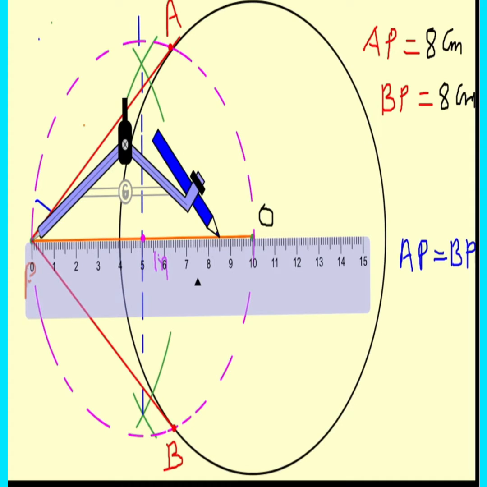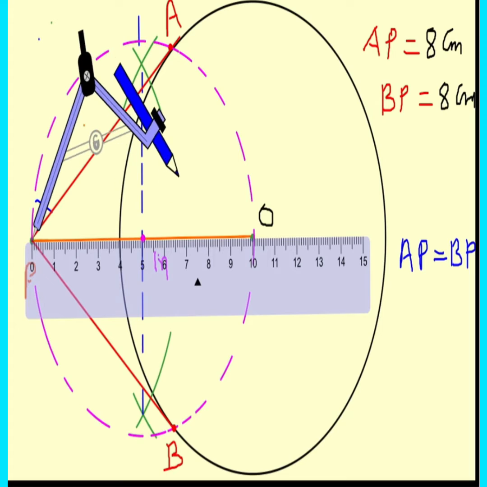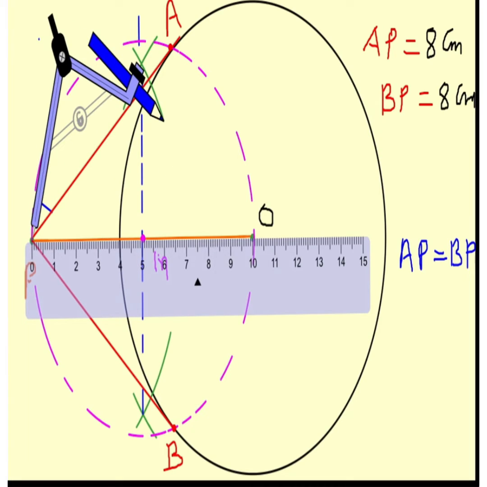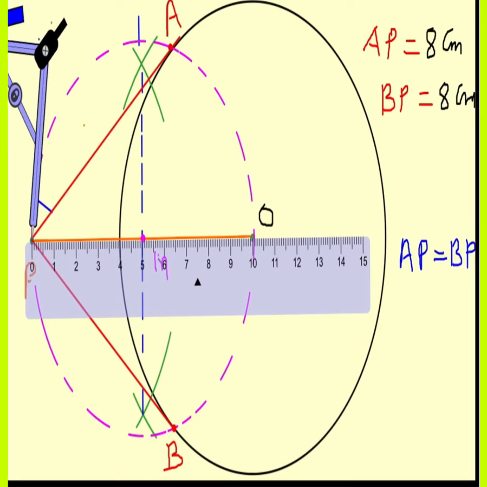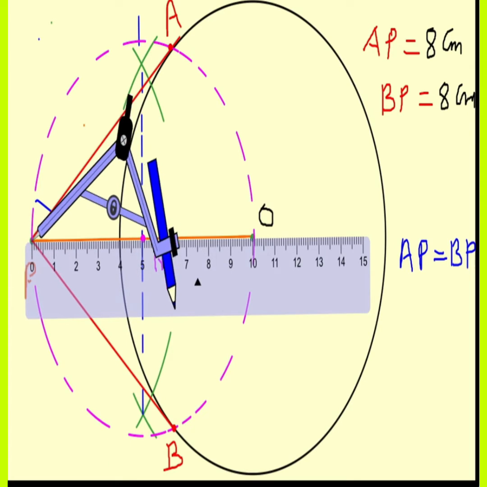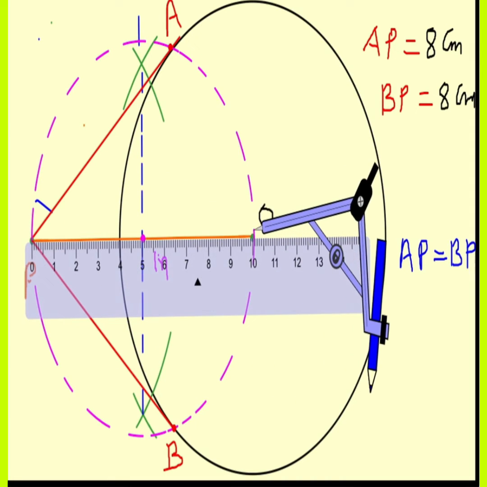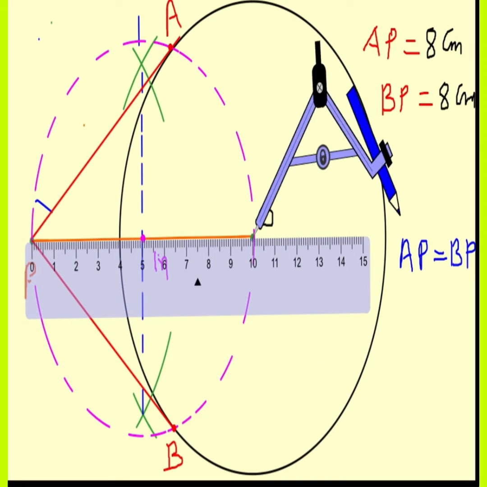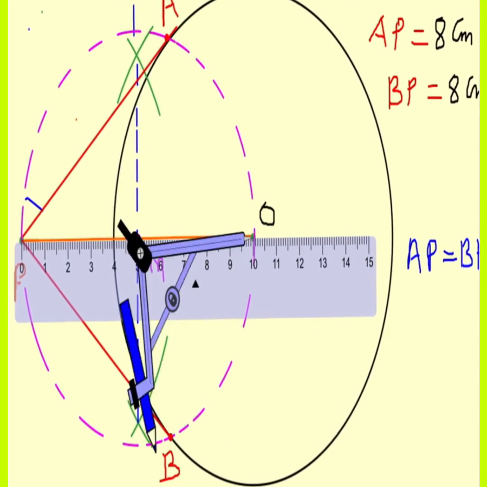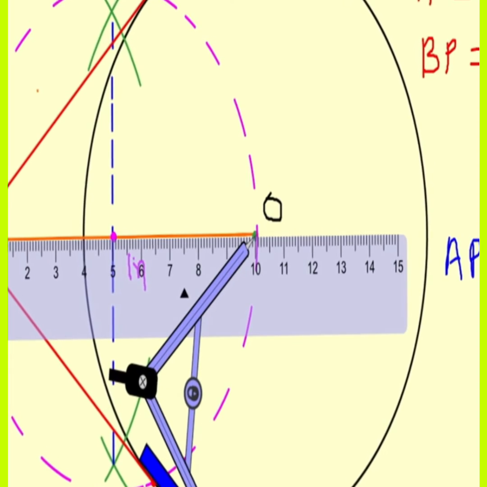Okay, so what to do? Placing the pointer at P, you will draw arcs, first one at the top and below of this line segment. After that, placing the pointer at O, again you will draw two arcs as you see, which intersect at 2 points.